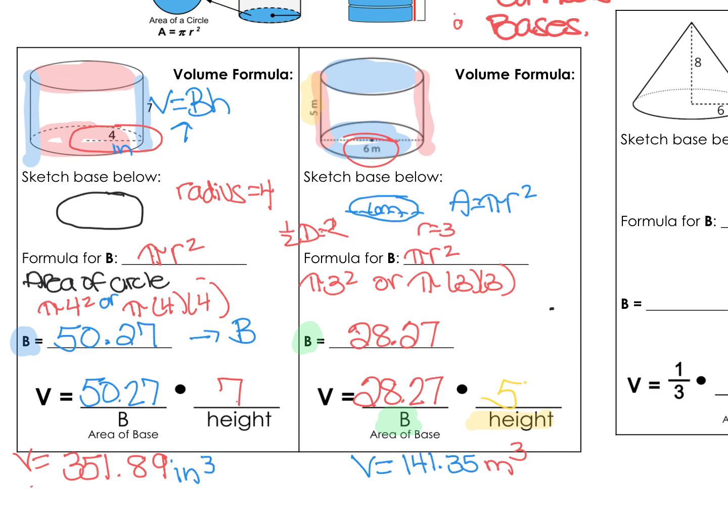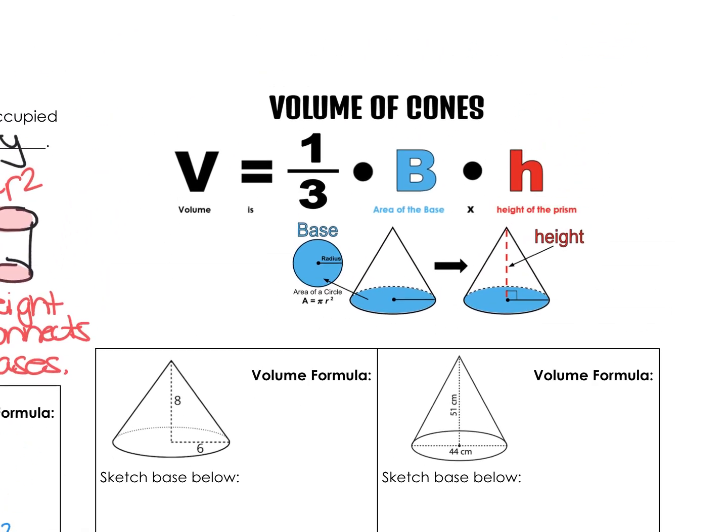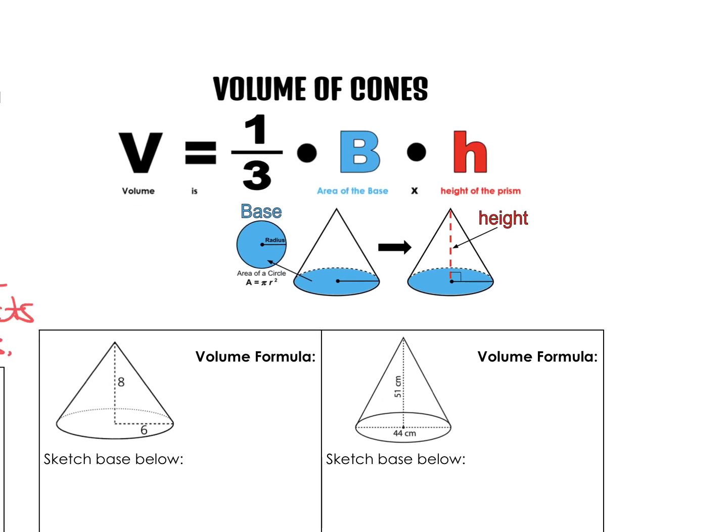So now let's flip our notes over, and let's take a look at volume of a cone. So as we know, a cone has a circular base, and the height connects to the tip here. And so we're lumping both our cones and our cylinders together because of the shape of the base. Here is the formula to find the volume of a cone.